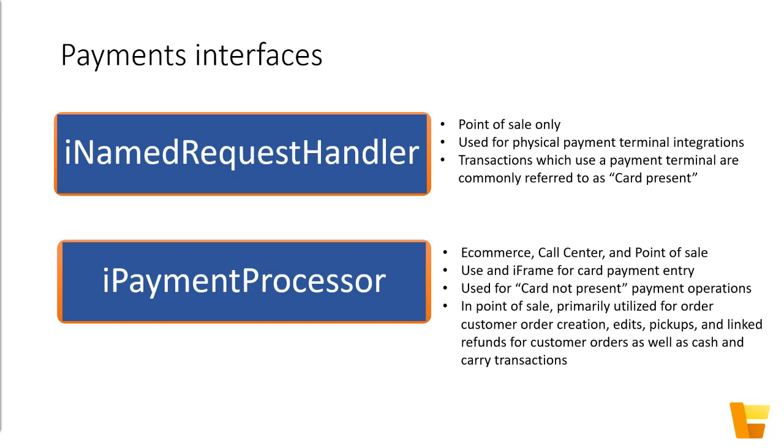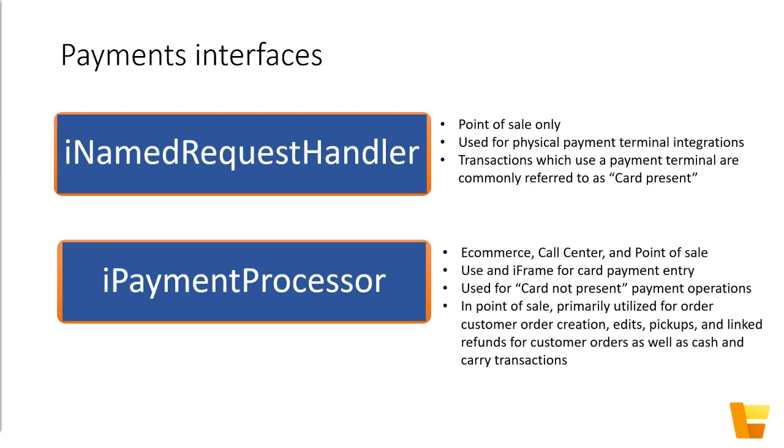So next we have iPayment processor. This is used for e-commerce, call center, and a little bit less in point of sale, but it's utilized in some ways. This uses an iframe typically for card payment entry. It's not limited to an iframe, but if you think about the scenario where you're checking out in e-commerce and you enter your card details, that's what I'm describing here.